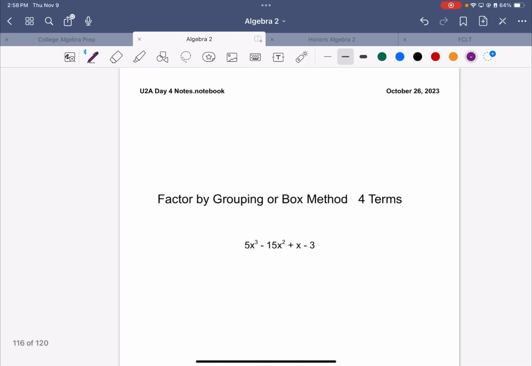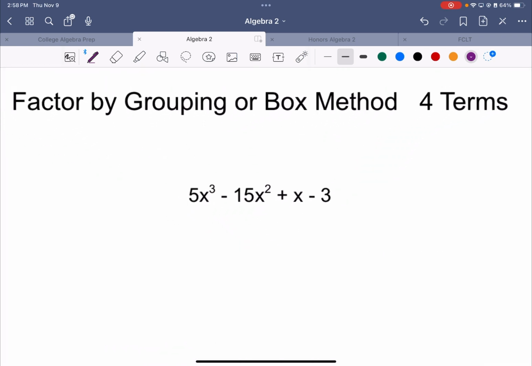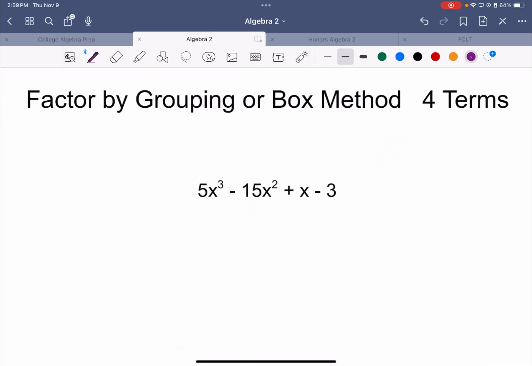You're going to have to continue to do it because now we're going to factor by grouping using a box method. Everything we've done so far had 2 terms. A lot of times with 2 terms you're going to look to take out a GCF, unless they're the difference of squares, which we're going to talk about next.